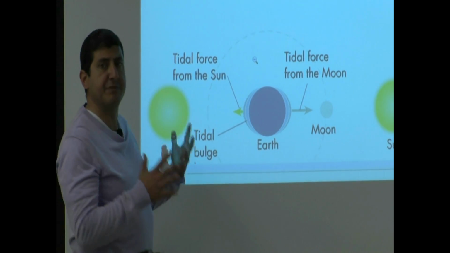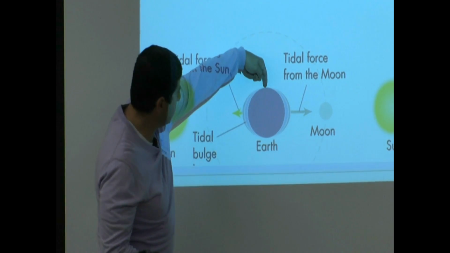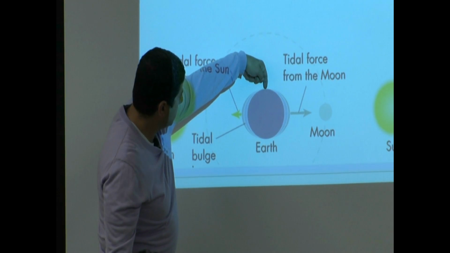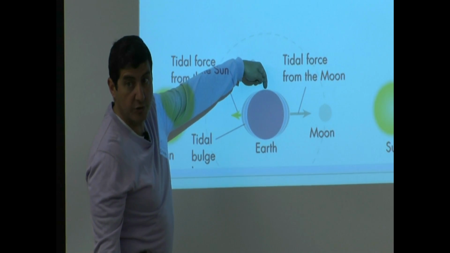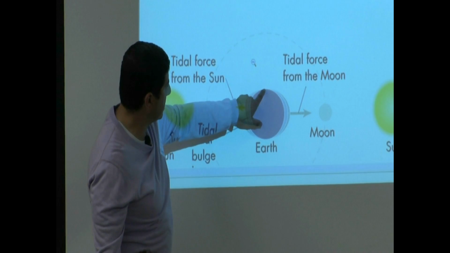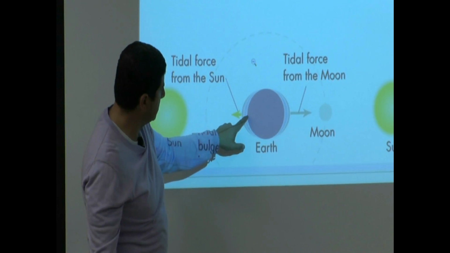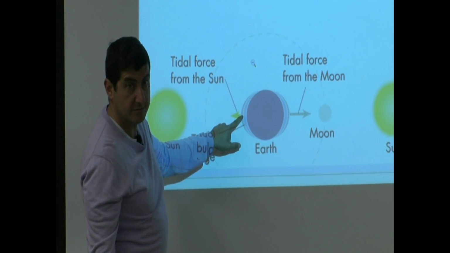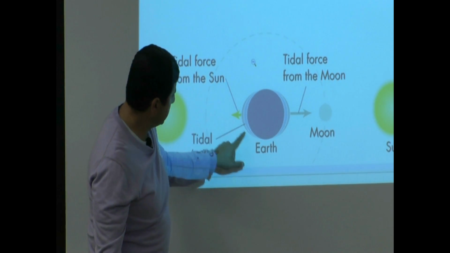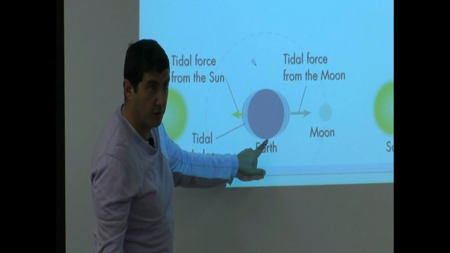So what's going to happen on that particular day? If you're living here, let's say, the low tide is going to be really low, right? Almost no low tide. And then 6 hours later, the high tide is going to be really high, you see? And then 6 hours later, low is very low.